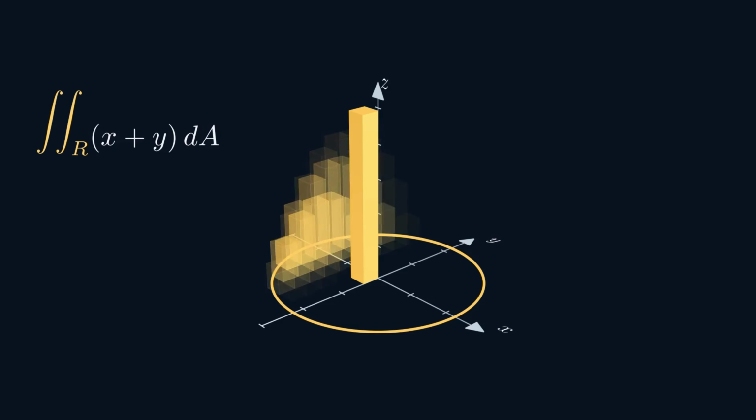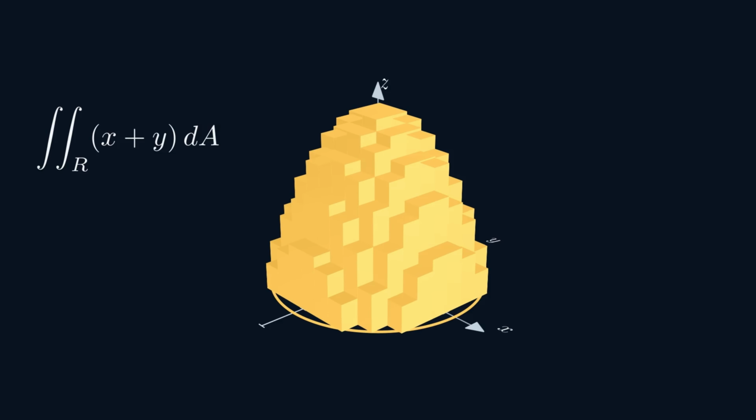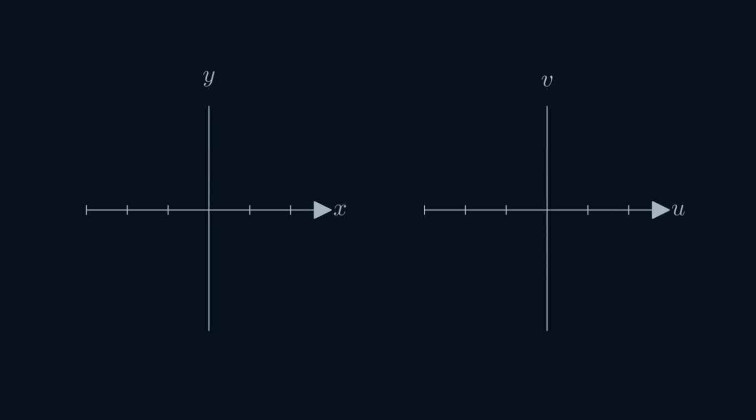Then the double integral is like adding up these volumes within the domain, taking the limit as the area of each square approaches 0. Now this brings us to an important point.